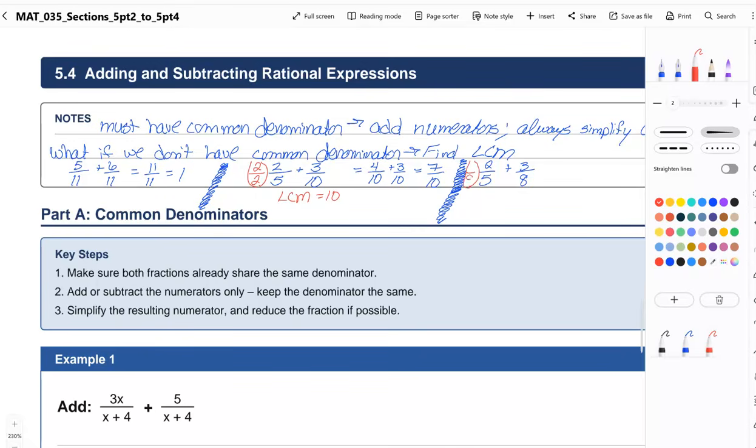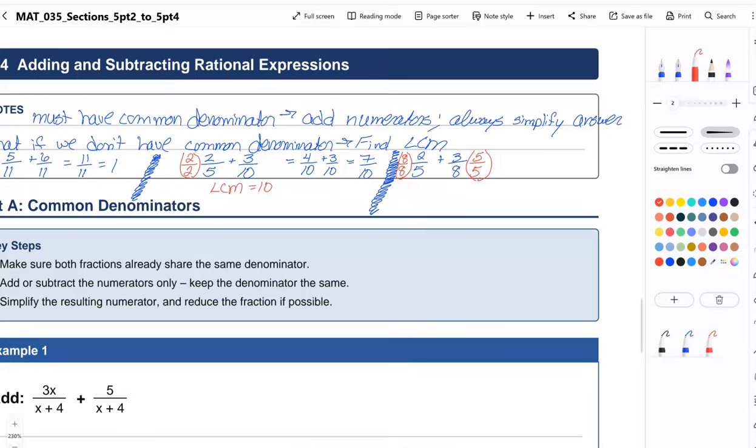Well, we're going to multiply that 5 by 8. What I do to the bottom, I've got to do to the top. And then we're going to multiply this 8 by 5. Again, what I do to the bottom, I do to the top. So now I have 16 over 40 plus 15 over 40, which is 31 over 40.